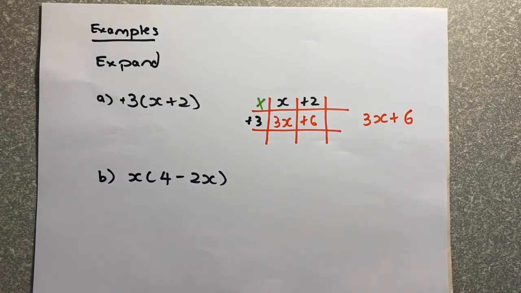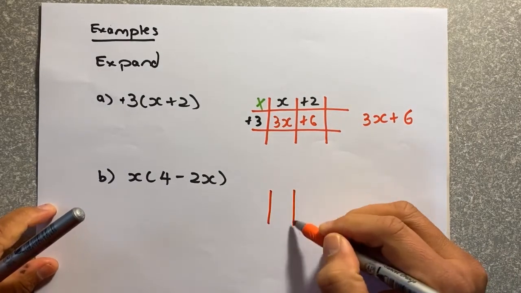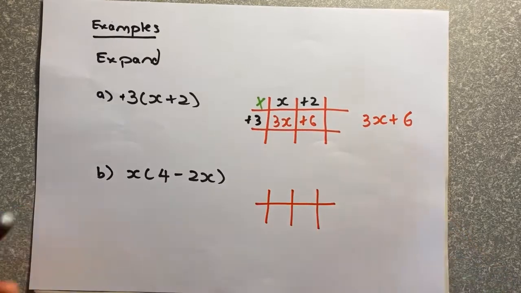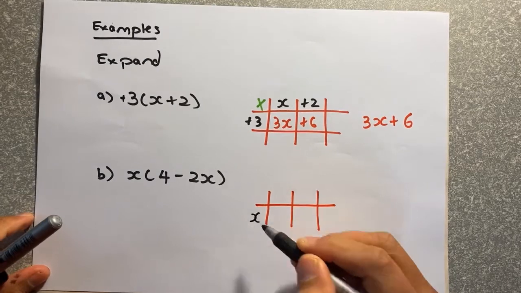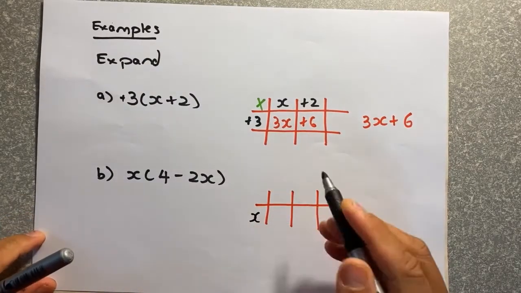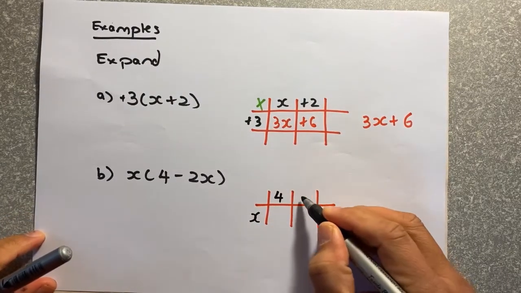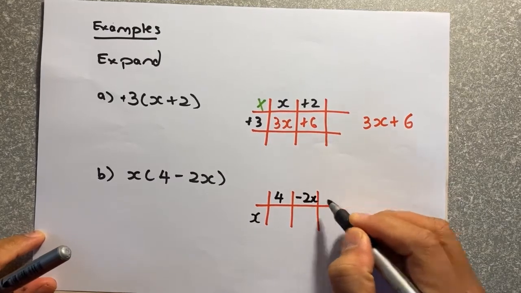Okay, we shall look at a slightly harder example. Again, the first thing when you get the word expanding, you are going to do a grid. So the grid will look like that. The first number on the side should be x. And then the first number on the top should be 4. And then the next number is minus 2x.